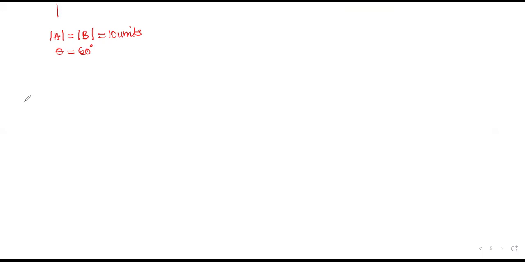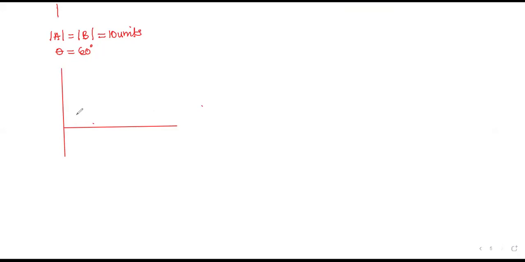So let's draw them. Maybe along the X and then along the Y. What is important is that we are told the angle between the two vectors is 60, and we are not given any direction.